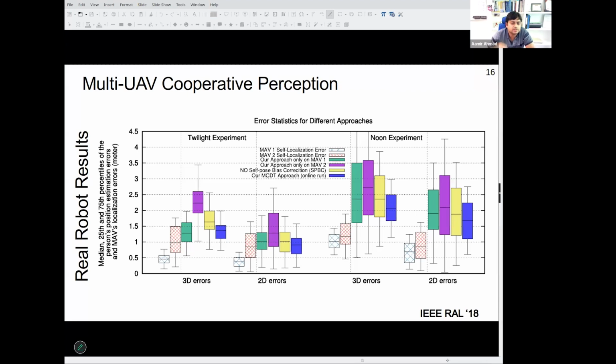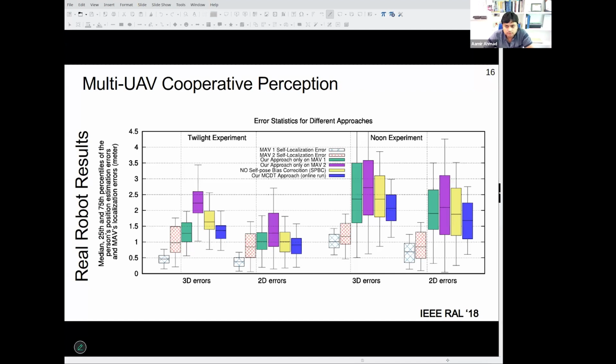These results highlight that our method improves the accuracy of the tracked person estimate through cooperative perception. It should also be noted that the self-pose accuracy of the drones affects the accuracy of the tracked person's estimate, which is clear because one of the UAVs is less accurately localized than the other, and this further impacts the estimate by each of these UAVs.